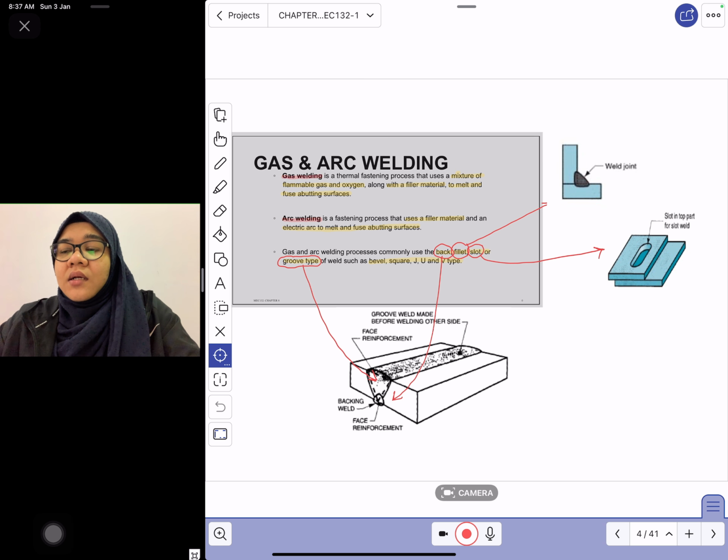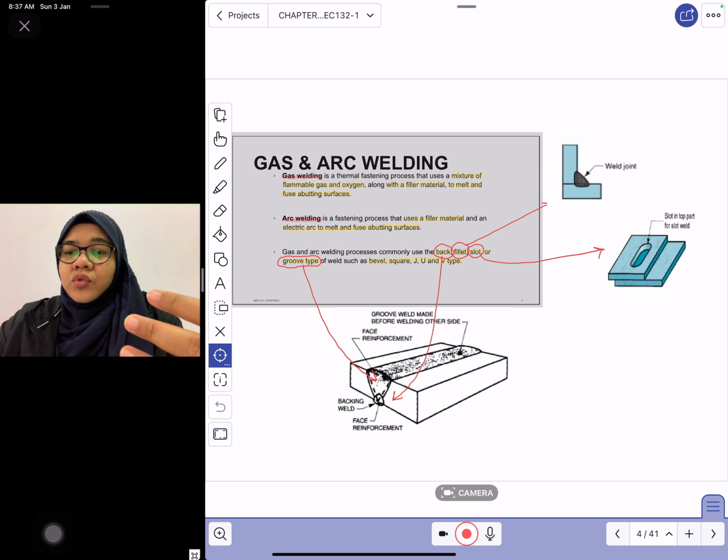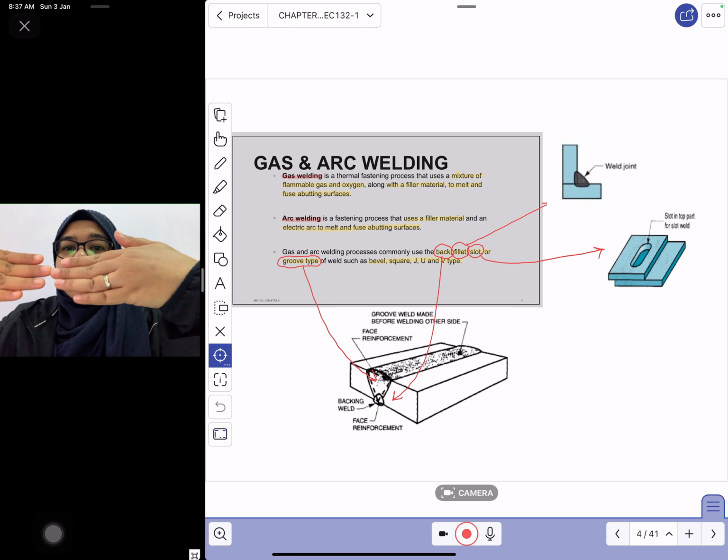It means that we want to join two parts.